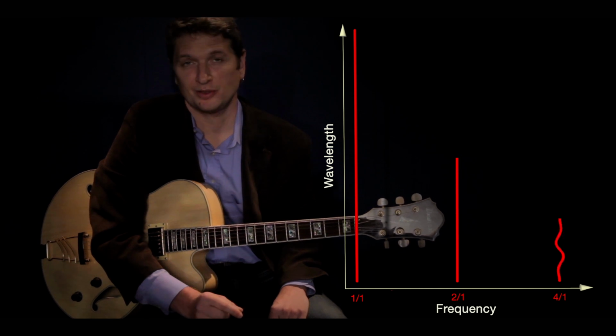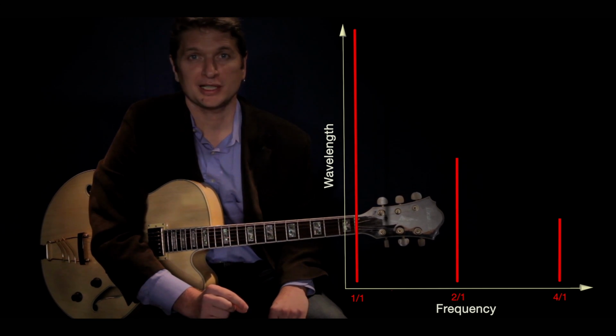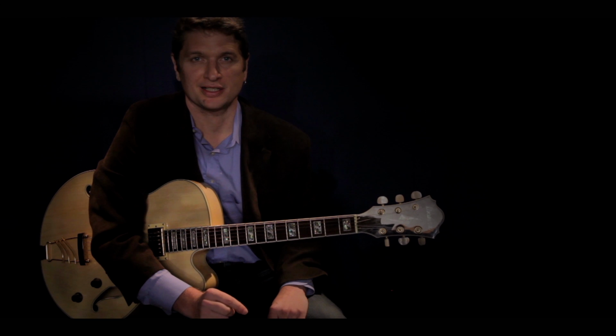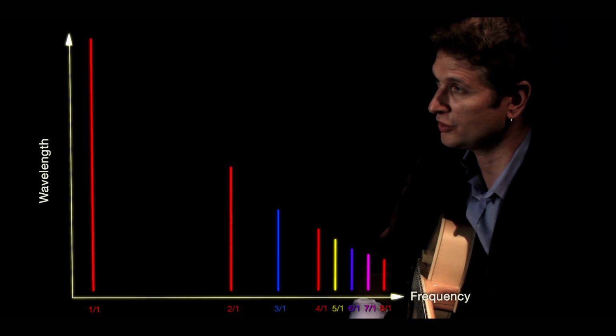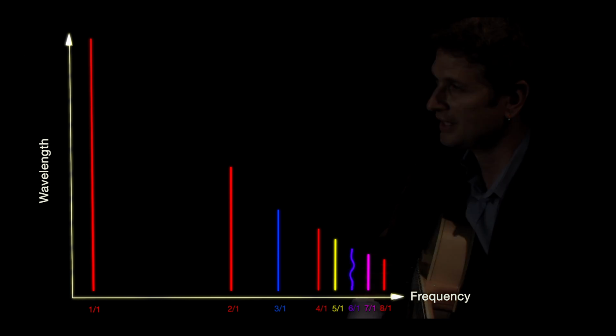Quadrupling it would give us 2 octaves. But we can multiply a frequency by different integers to create different intervals. For example, tripling a frequency gives us an octave and a fifth. Multiplying a frequency by 5 will give us 2 octaves and a major third, and so on.